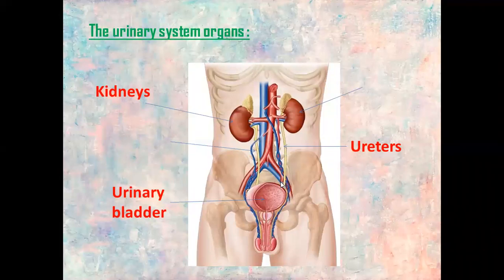Then the two ureters take this urine to the urinary bladder. We said that the urinary bladder is something like a balloon or a bag. It stores the urine or the liquid wastes till it's completely filled. When it's completely filled with urine, you start to feel that you want to go to the toilet.